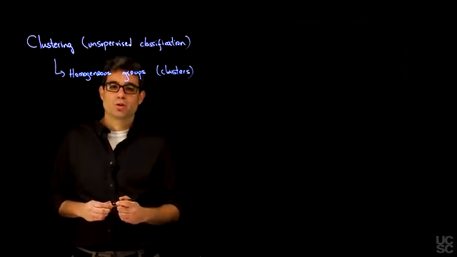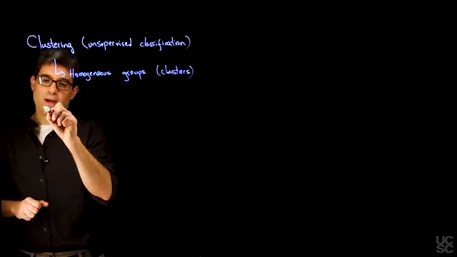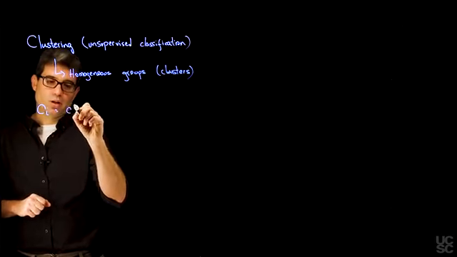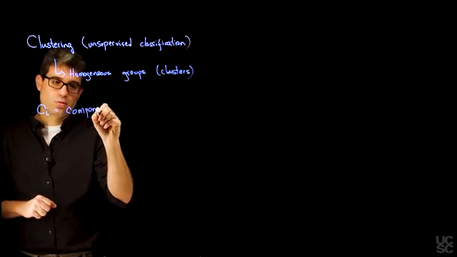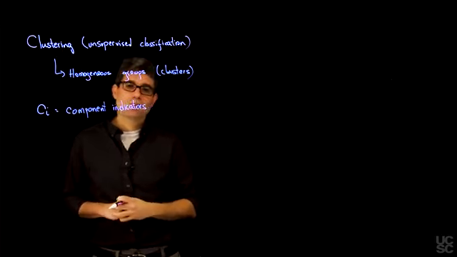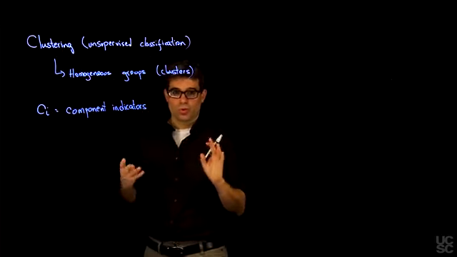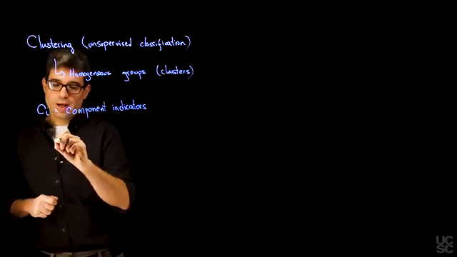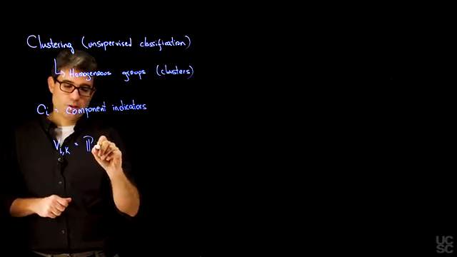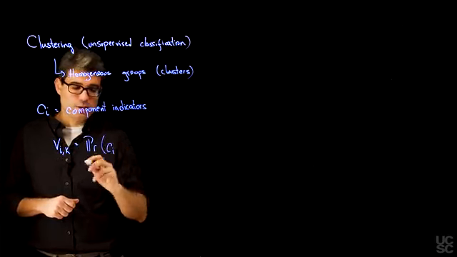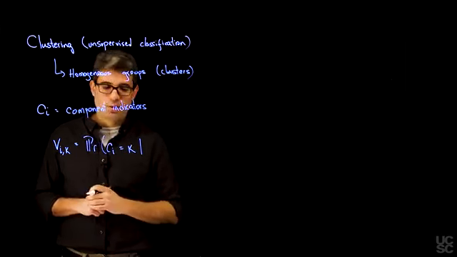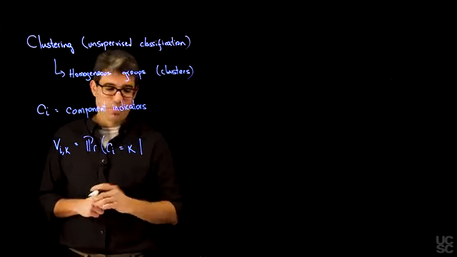Now let's go back to mixture models for a second. So if you remember, we had this variable C sub i, in the case of the mixture models, that were component indicators. And in the particular case of the EM algorithm, which I'm going to use for concreteness for illustration, we had also these variables v sub i,k that just reflected the probability that c sub i is equal to component k, given the current parameters of the model, the current estimates of the parameters in the model.